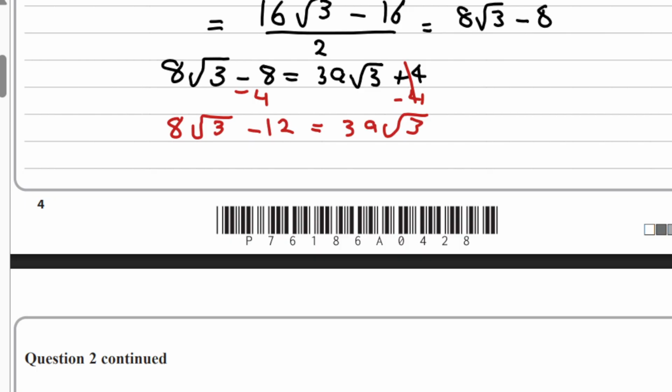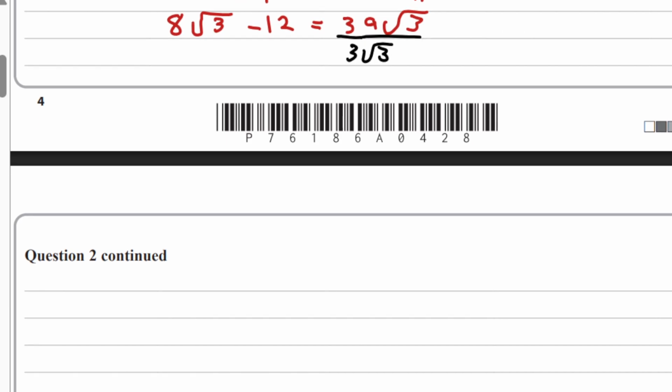Now, to make a the subject, I'll divide by 3 root 3. Now you will have 8 root 3 minus 12 divided by 3 root 3 equals a.